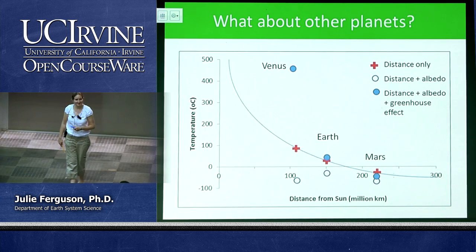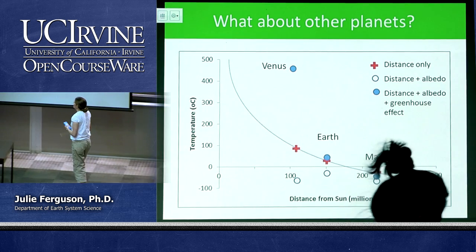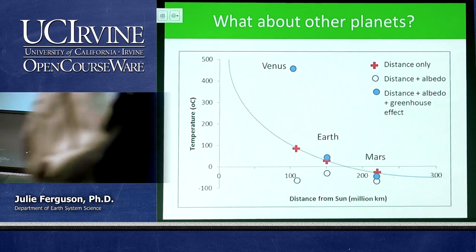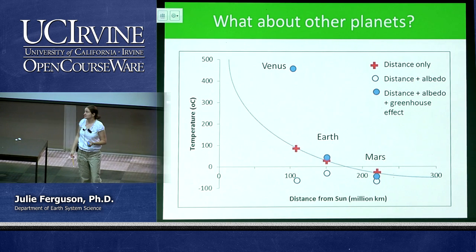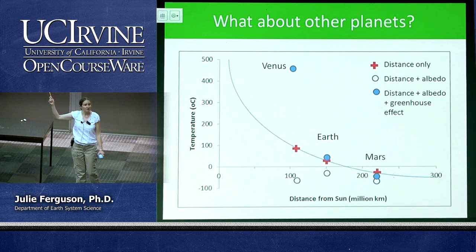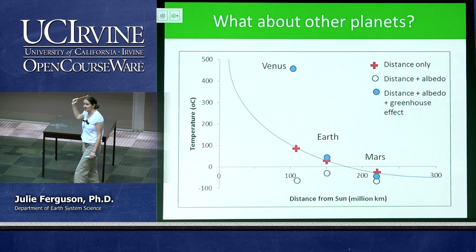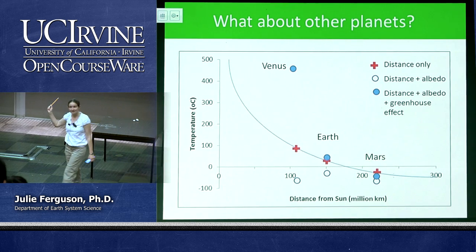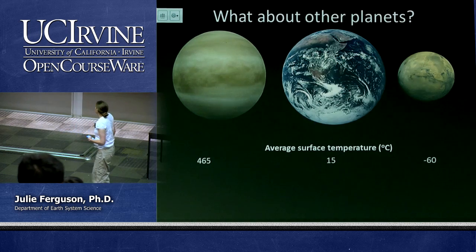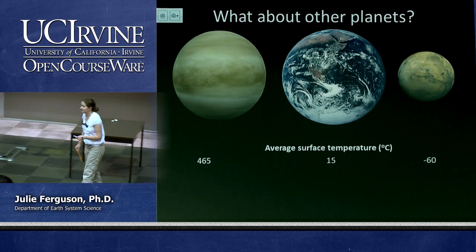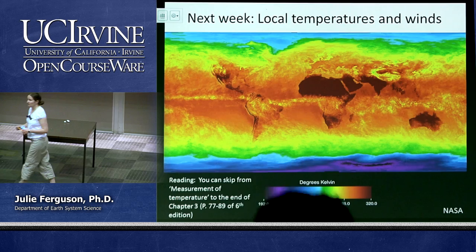Earth plots close to there. Mars, you can see it actually plots underneath. That albedo effect is greater than its greenhouse effect. Venus, apart from the fact that you'd be crushed instantly if you tried to step on the surface, is extremely hot. And so those are the average temperatures of Venus. Okay, great. I will see you on Tuesday.